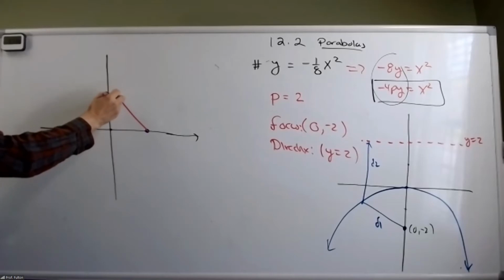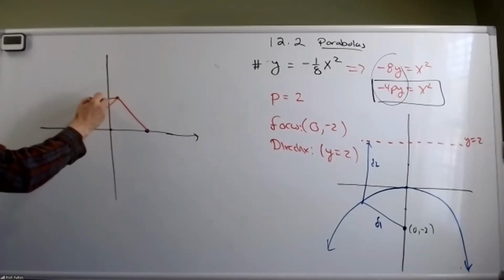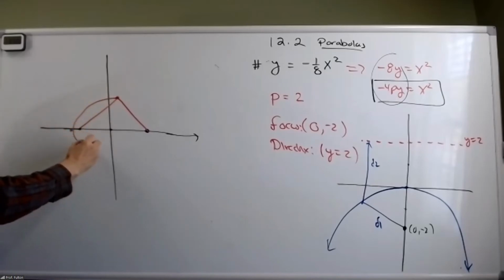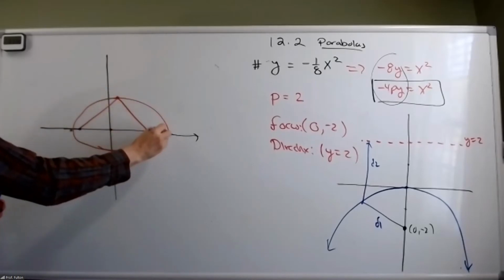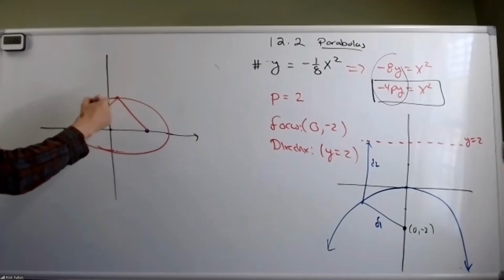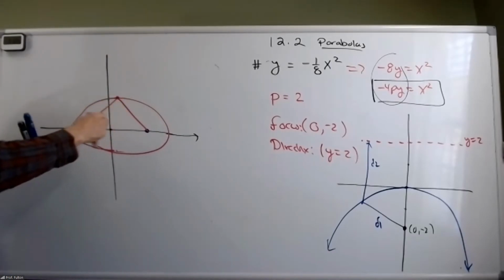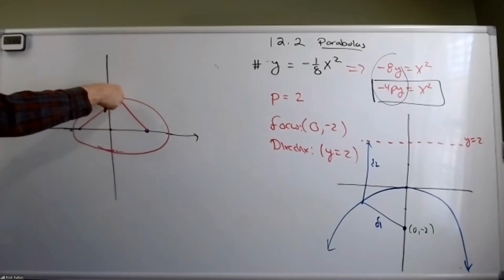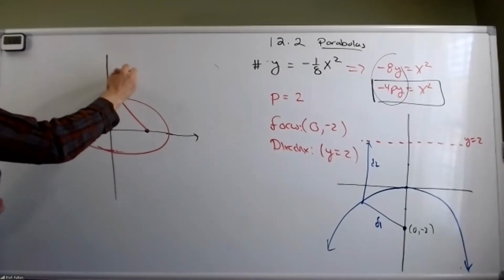And when you start tracing it around, you'll see you get something that looks like this. Kind of like a football, if you will. Should be a little more symmetric over here. And this distance plus that distance is always the same. This is a fixed string, and you just have a pencil attached to it, and it'll kind of go around like that. And that'll give you an ellipse.